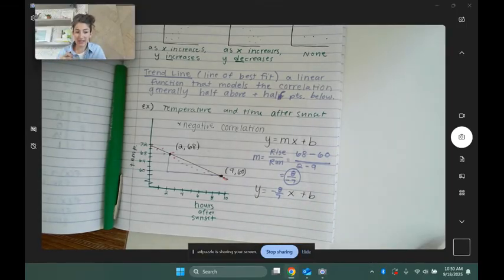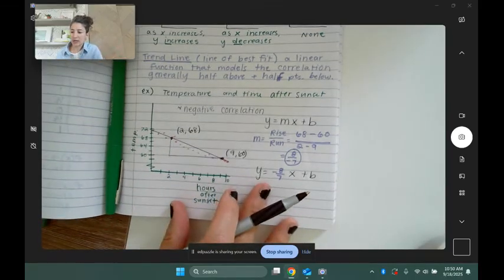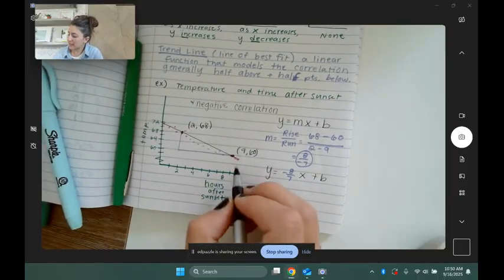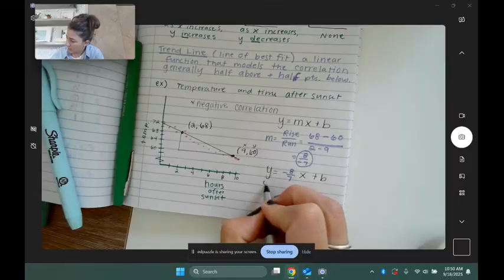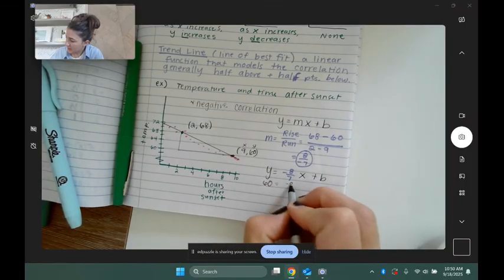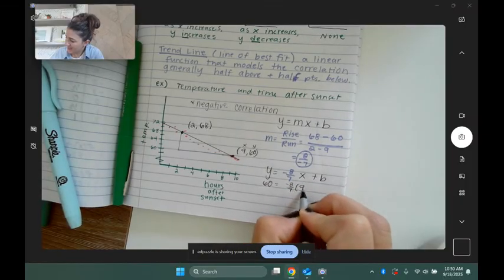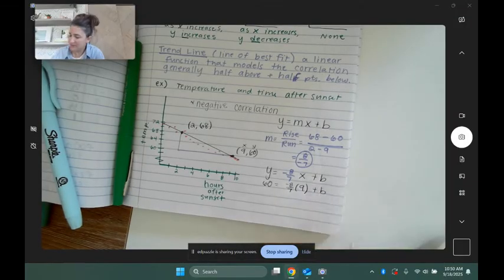So let's plug in a value for x and y so that we only have one variable going on. Do either one, 9 and 60 or 2 and 68, it does not matter. But what we'll do is just plug in, that's my x, that's my y. So I'm going to go 60 equals negative 8/7 times 9 plus b.